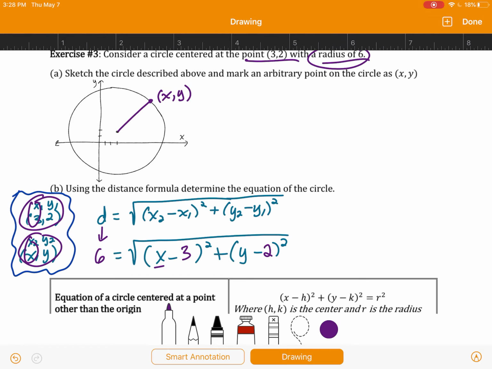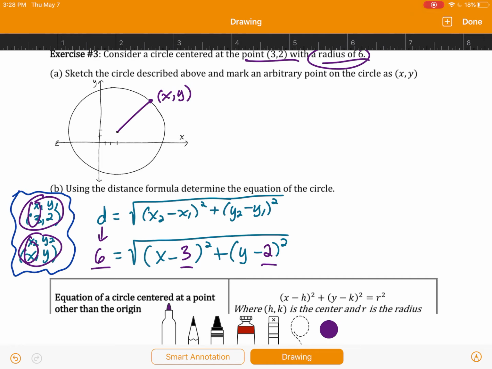What's important is that in our equation, whenever you have a random point, that's always just going to be x, y. The parts that change are the center, so 3, 2 is the center, and the radius is on the other side.